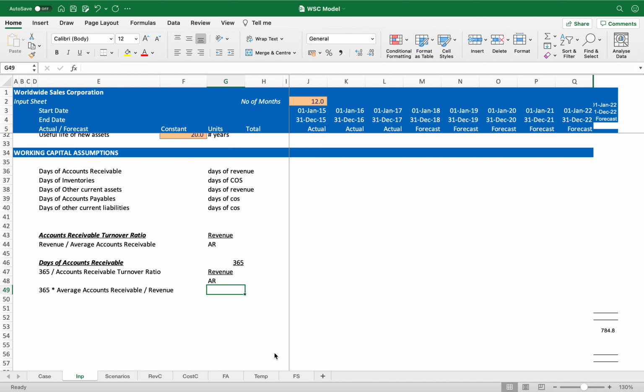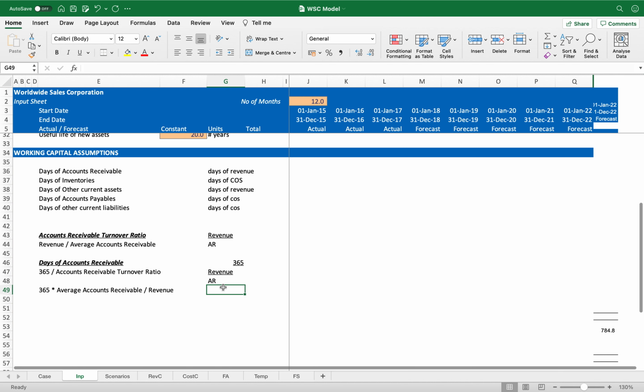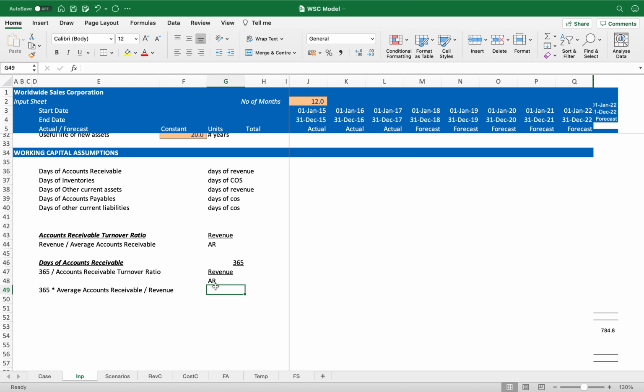If this is the formula, 365 divided by revenue divided by accounts receivable, then this average accounts receivable will go to the numerator and get multiplied, right? That's how we do it. Just applying a little bit of mathematics to it. So it becomes 365 multiplied by average accounts receivable divided by revenue.